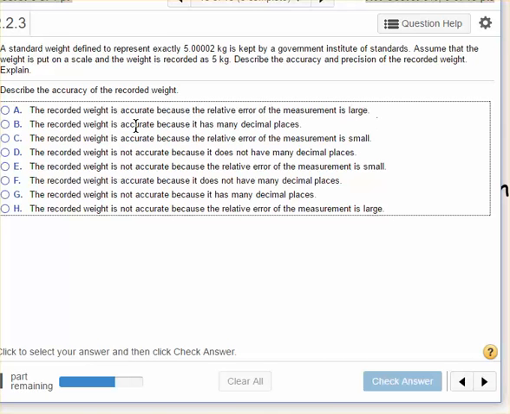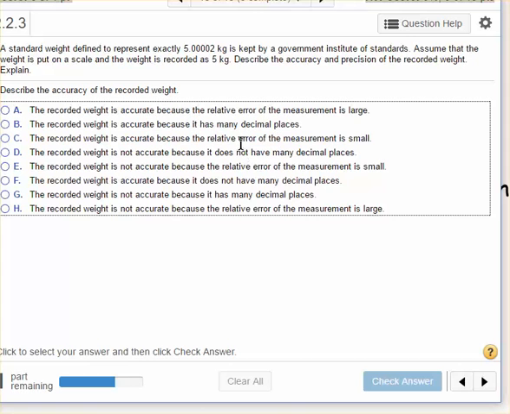No, that doesn't make sense. The recorded weight is accurate because it has many decimal places? No, actually it doesn't. The recorded weight is accurate because the relative error of the measurement is small.